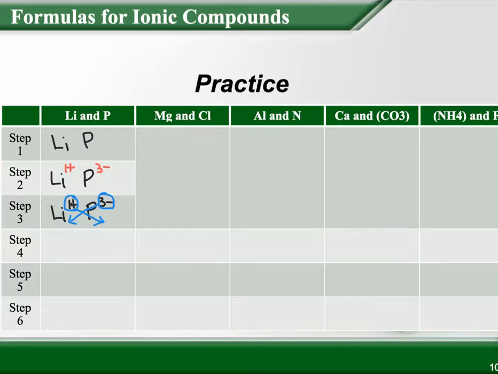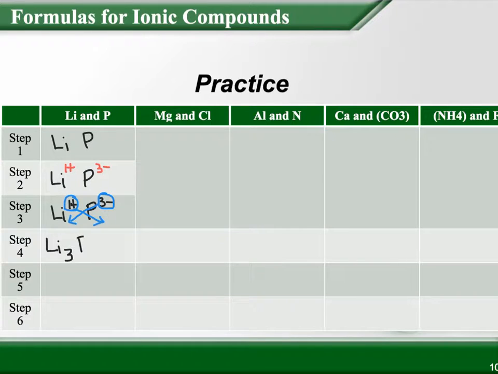Great. Now, step 4 is where I'm going to write out the formula. So I'm going to look at the opposite atom, essentially, to see what number to give them. And we're going to write these numbers as subscripts, so down low. So I have Li, and Li received a 3 from phosphorus.